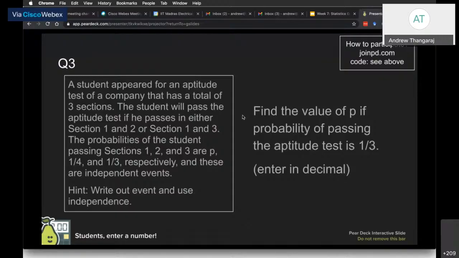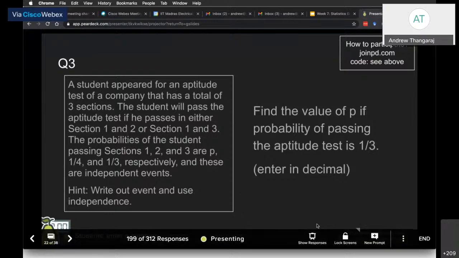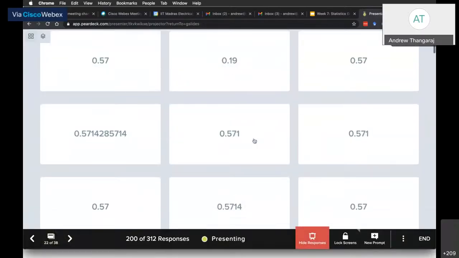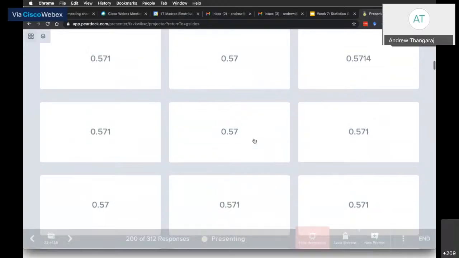What's the probability they'll pass all three? P into 1 by 4 into 1 by 3. That's the point I was trying to make, that you have to be careful about, and you can see from the response quite a few people have put 0.57. So they've forgotten that minus, and that's not the correct answer.